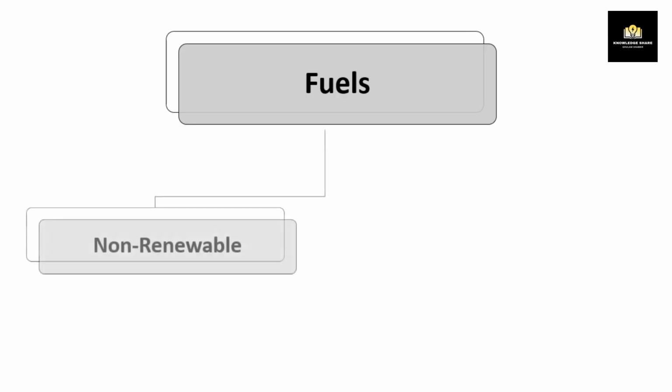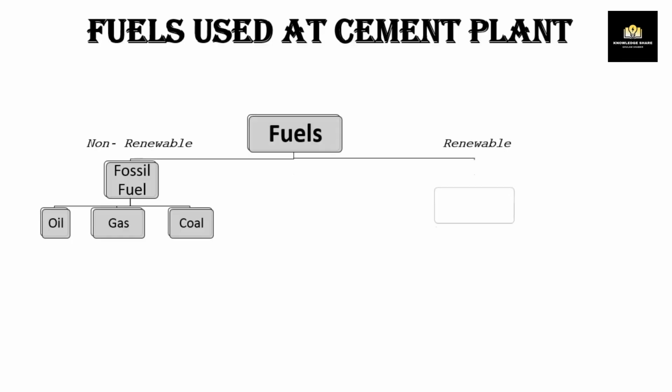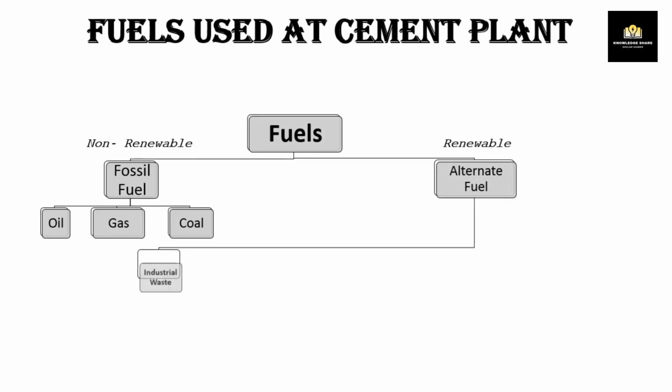For example, fossil fuels such as coal, gas, and oil are non-renewable, whereas alternative fuels like biomass, industrial waste, RDF, and others are renewable.